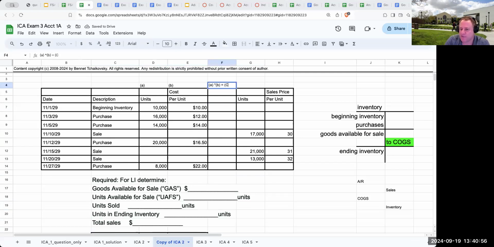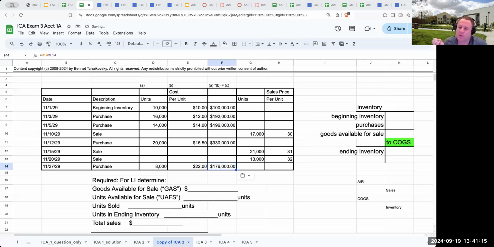So when I multiply, okay, 10,000 times 10, 16,000 times 12, 14,000 times $14, that's what I paid for it. Over here, 20,000 times $16.50. And lastly, 8,000 units times $22. Remember, I've got units, and then this was my cost per unit.